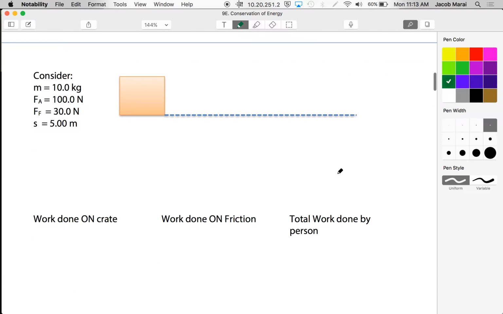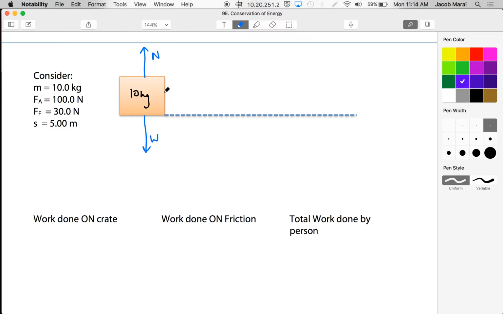Let's consider this. We looked at this example in our previous worksheet, but let's just go with our 10 kilogram crate. Obviously, we've got weight and normal force, which would be 98 down, 98 up, but we're not displacing it in that direction.